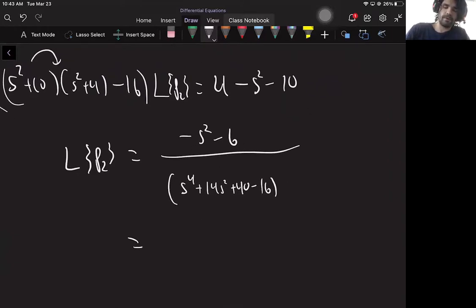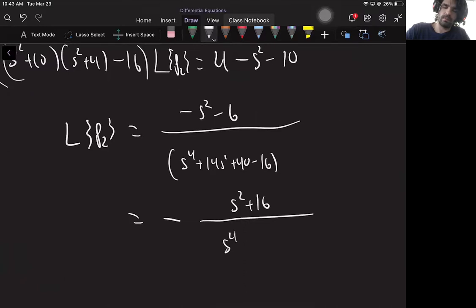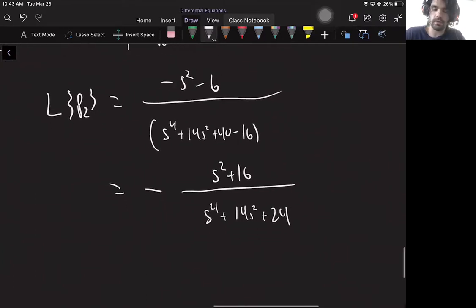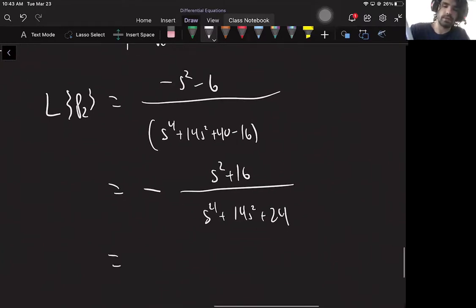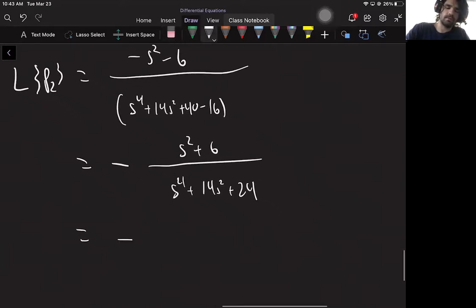And on top, I'm just going to take out that negative. Down here, what is this? 14s squared plus 24. So luckily the bottom, whoops, I changed that to a 16. That was a 6. Luckily the bottom factors nicely.